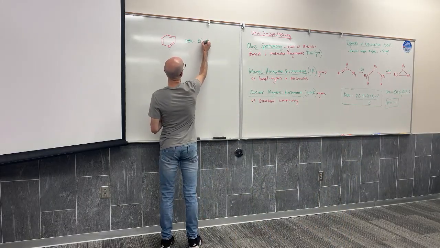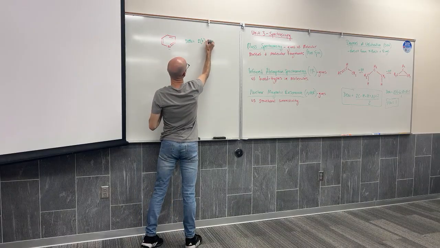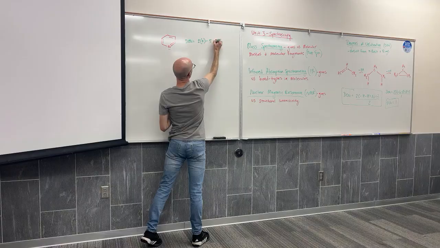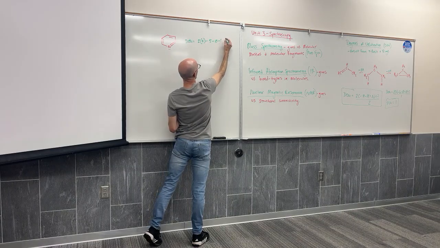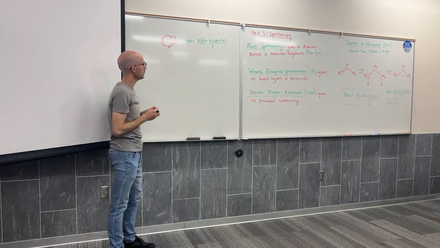Let's plug it in. 2 times 1, 2, 3, 4, 5, minus 1, 2, 3, 4, 5, minus 0 halogens plus 1 nitrogen plus 2 divided by 2.